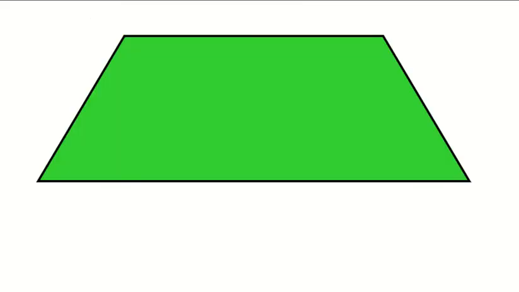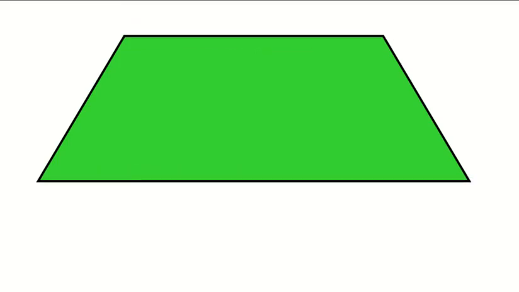So if we go back to this picture here, my 2 bases are the top and the bottom. The bases are always parallel, okay? So they're the 2 sides that are parallel. Usually you'll see them as 2 horizontal or 2 vertical lines. But they're always the 2 parallel sides.